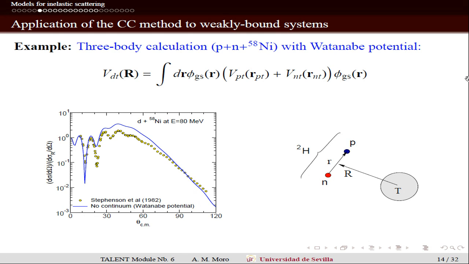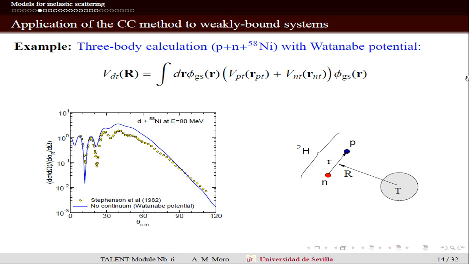If in the deuteron there is only one bound state, so in this case we have a one-channel case, this is called, for historical reasons, after the person who first applied it, the Watanabe potential. In many papers they have one line that says Watanabe potential, Watanabe calculation. The Watanabe potential is the cluster model calculation including only the ground state.